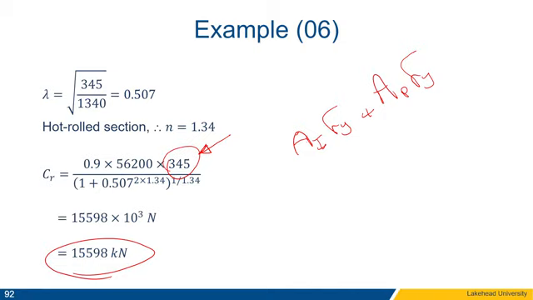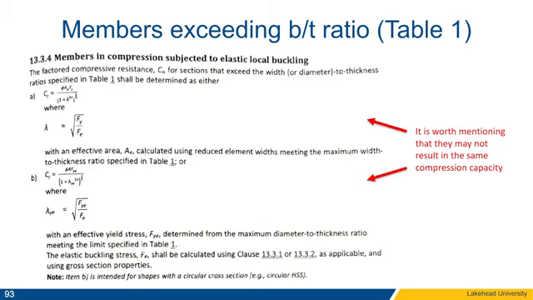We will solve another example that talks about what if the section does not satisfy table 1. According to this very clause, if the section does not satisfy table 1, so it exceeds the thickness, the width or diameter to thickness ratios of table 1, in that case table 1 is not satisfied.